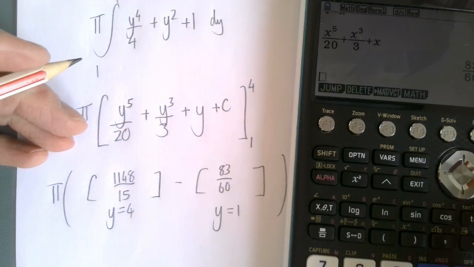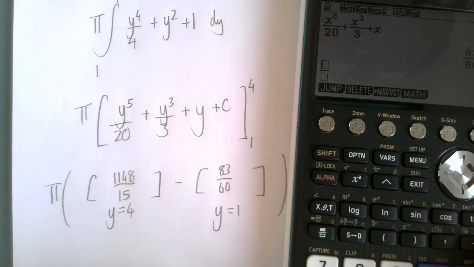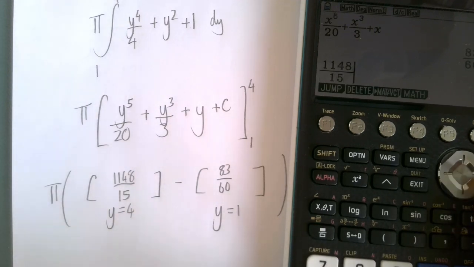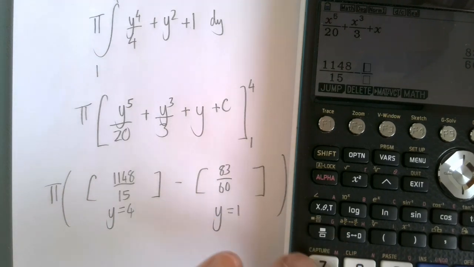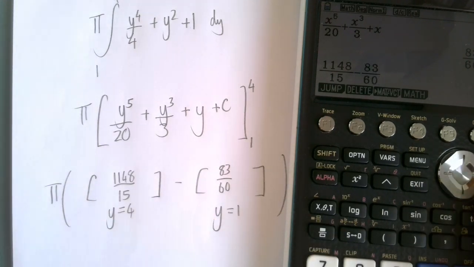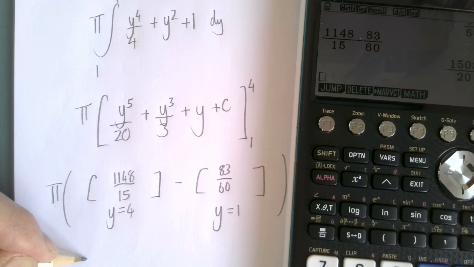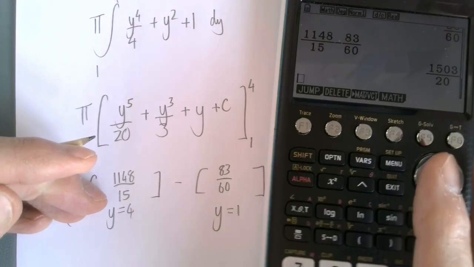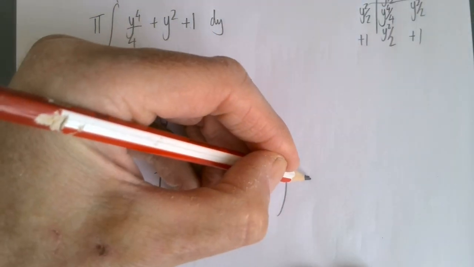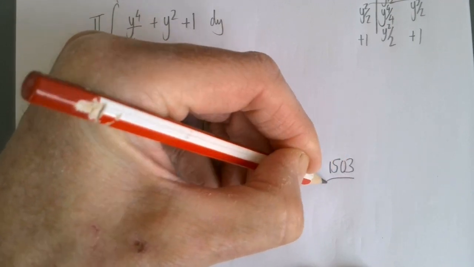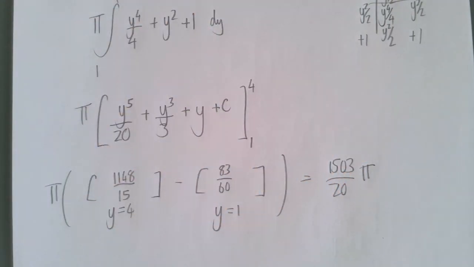So I've got to do 1148/15 minus 83 over 60, and so that gives me 1503 over 20 pi, and I'm just nervously checking the answer to check I got that right. Oh, I did. There you go. Wonders will never cease.